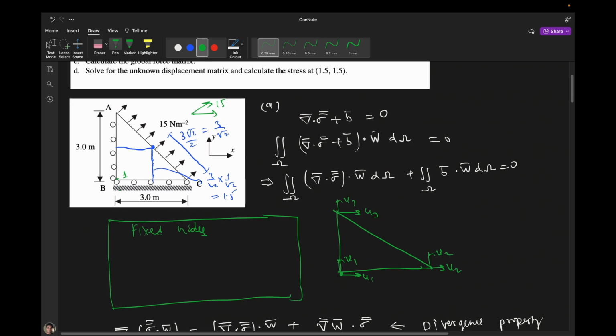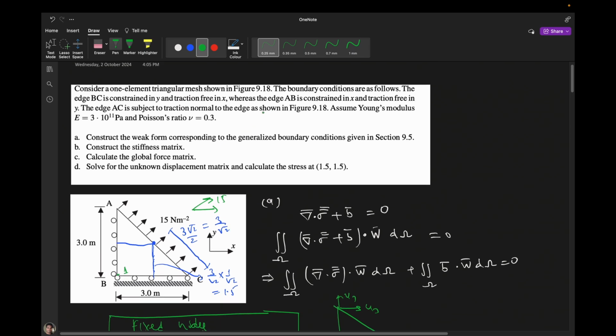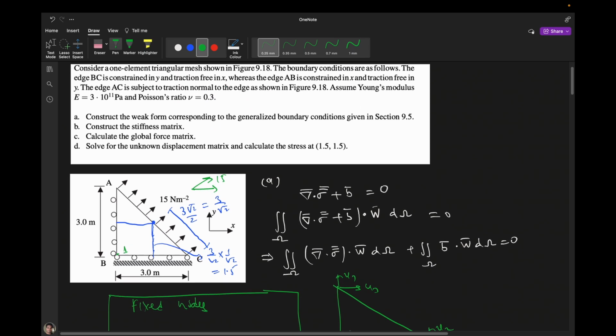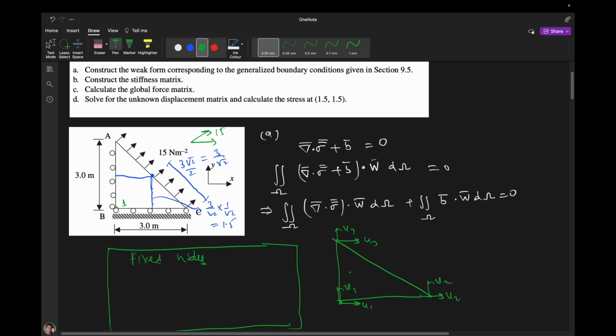What it is saying, first we need to see this: the edge BC is constrained in the y direction, which means that v1 is also 0, and v2 is also 0.